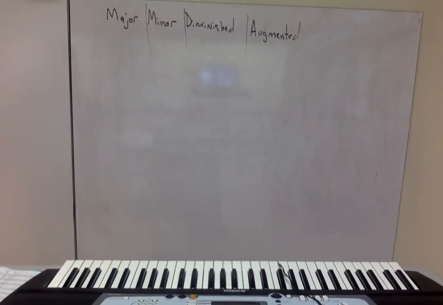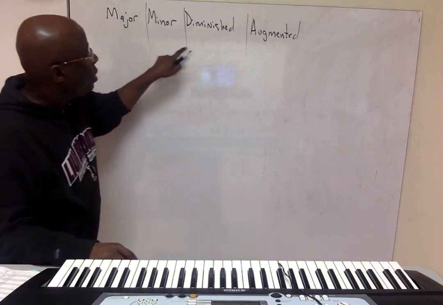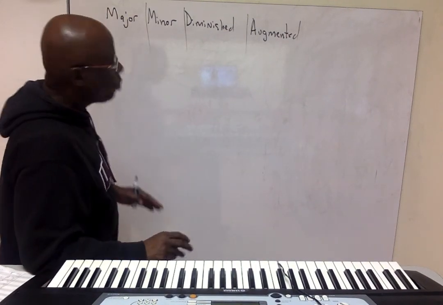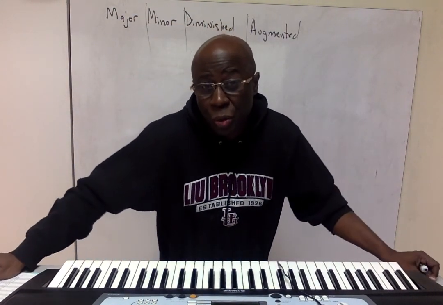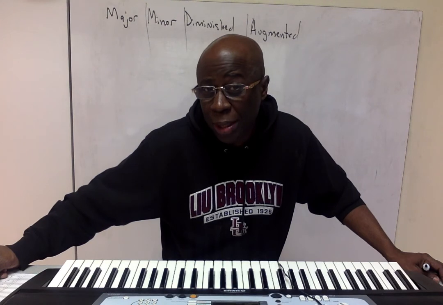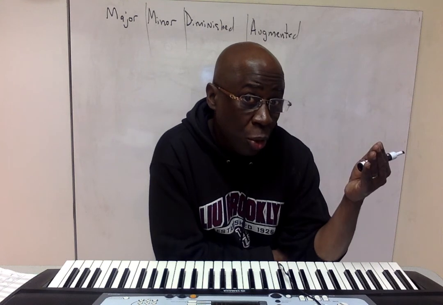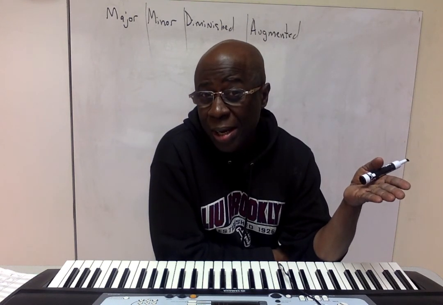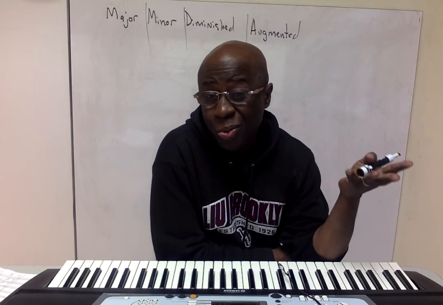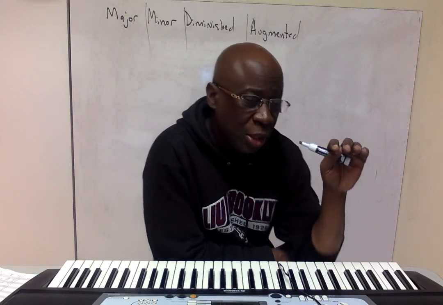Let's alter the screen so you can see it a little more clearly. So we have the major, the minor, the diminished, and the augmented. We said during the last video that it's helpful to use certain descriptors to help us identify what the chord quality is. It's one thing to understand from a theoretical perspective which degree of the scale the chord is built on, but it's also good to understand the mood or the feeling the chord exudes.